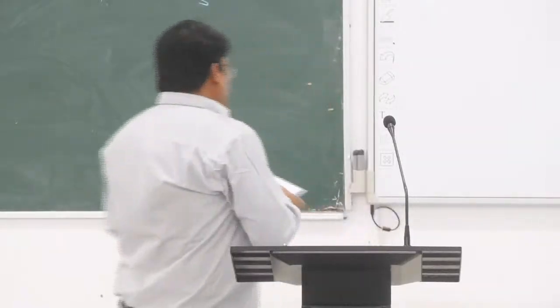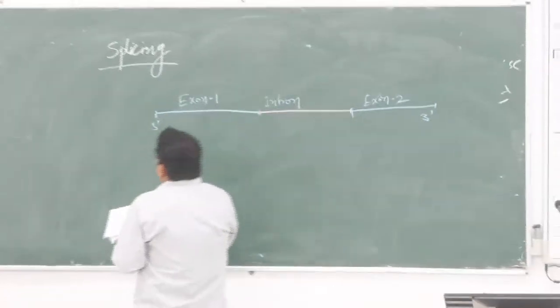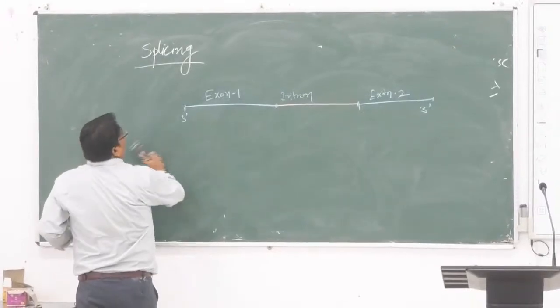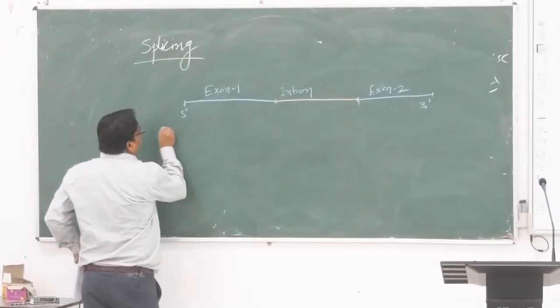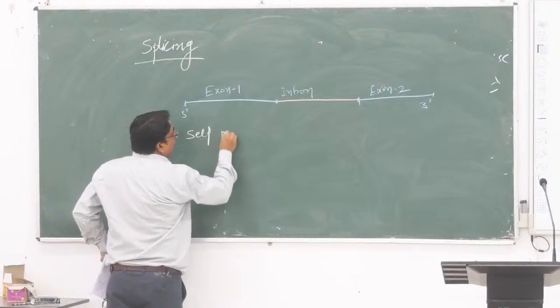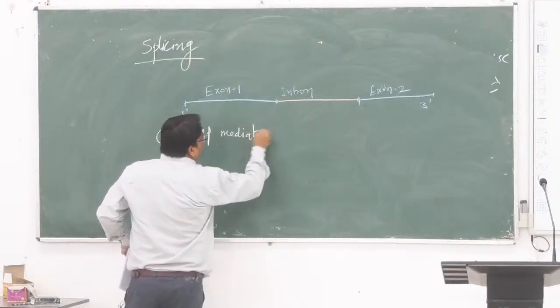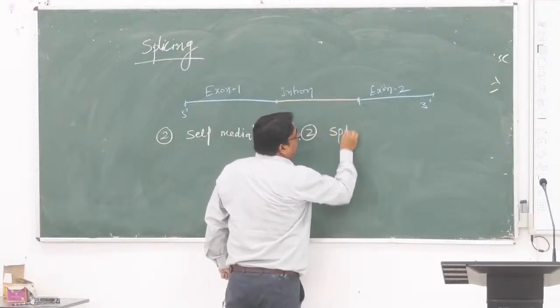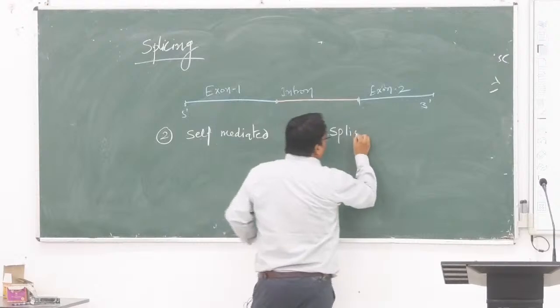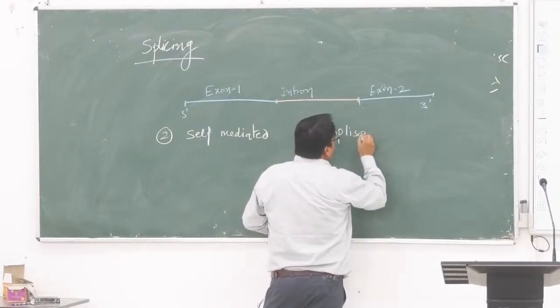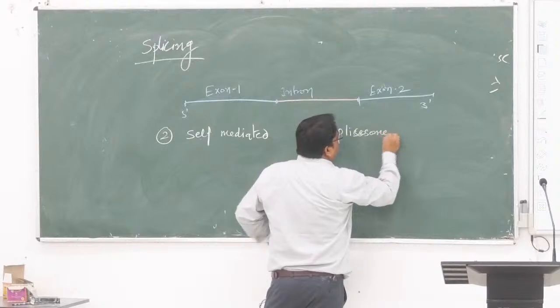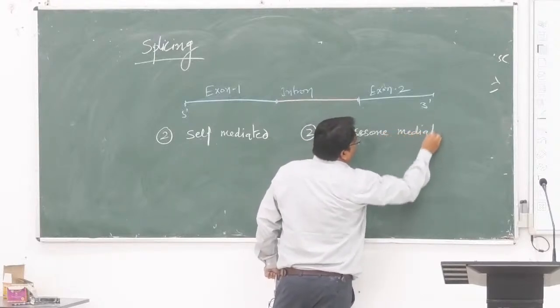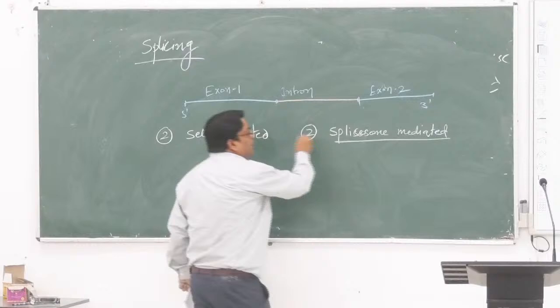Okay? So, splicing is mainly of two types. The first one is self-mediated, and the second type is spliceosome mediated.